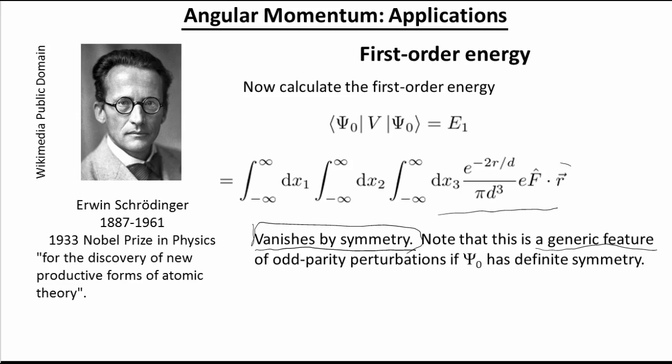In other words, this interaction potential V is odd under parity. If you invert the coordinates, the potential changes sign, and so if you're integrating that over a symmetric density, the integral necessarily vanishes.